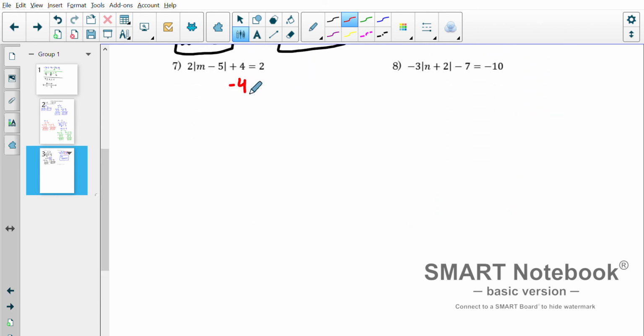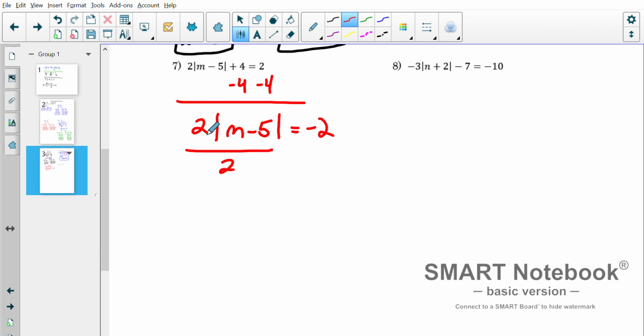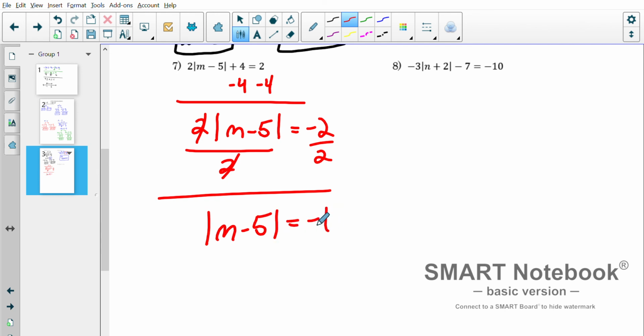So let's go ahead and subtract 4 here. 2 times the absolute value of m minus 5 equals -2. Divide both sides by 2. And the absolute value of m minus 5 is equal to -1. Absolute value equals -1. Can't happen. No solution.